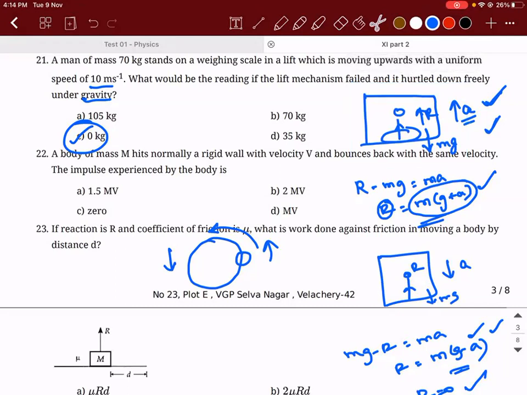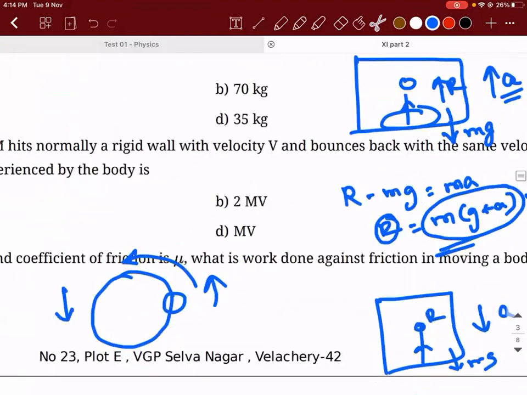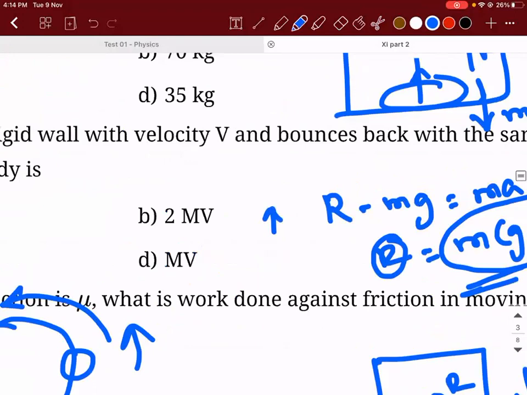Actually, there is a concept called pseudo force, which I cannot explain here, because I have to explain inertial and non-inertial frames. So it is not like this person will go and bang against the roof of the ceiling or something like that. If the weighing machine is there, and if it is an analog one, that pointer will be staying at the center itself. That is what the theory says.